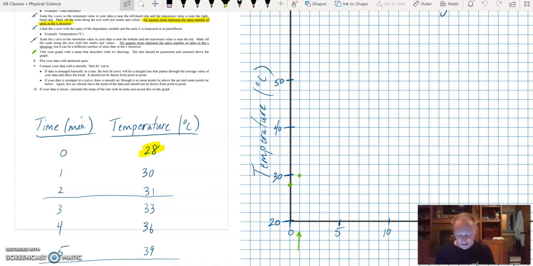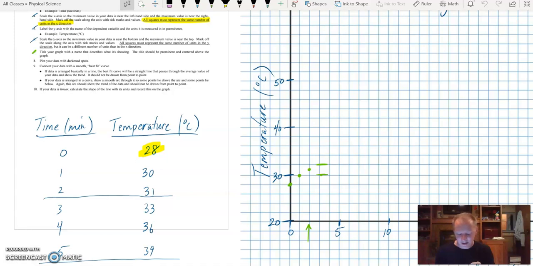Now you'll notice the next one, which has a time of 2 minutes, which will be right here. That's my 2 line. Has a time of 31, and there's no line on my graph that corresponds with 31. This one is 30, and this one is 32. But what that means is that 31 is right in between them.